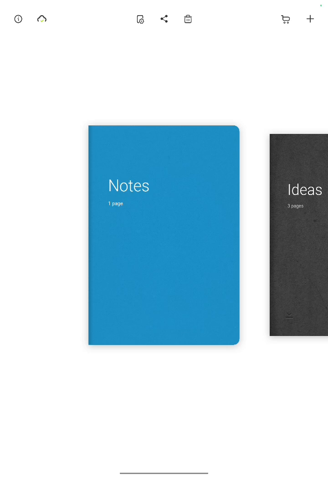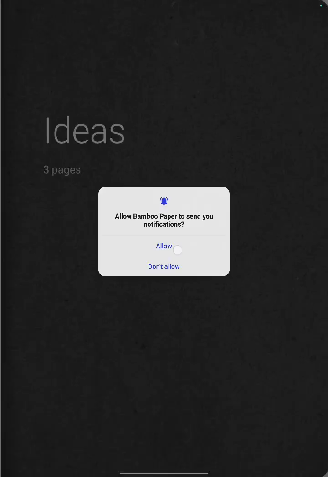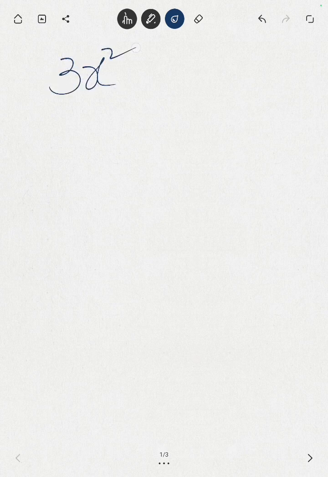Let me share this with you. Three x square minus 9x equals 30.